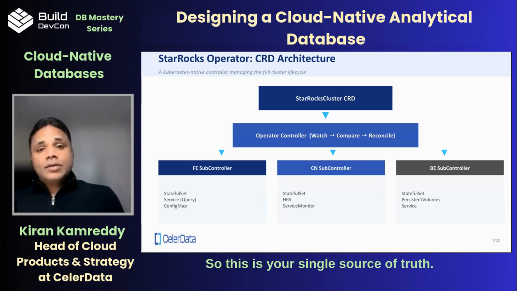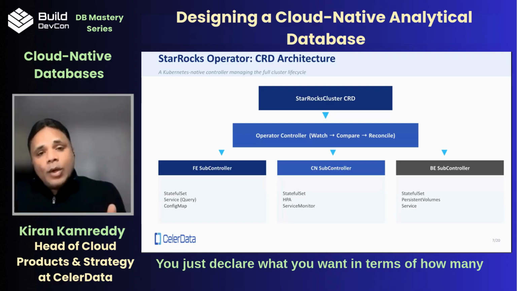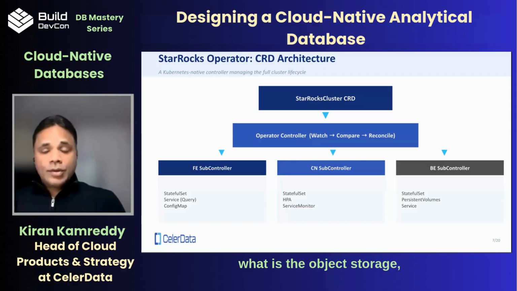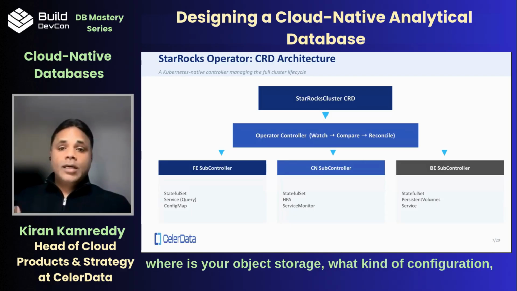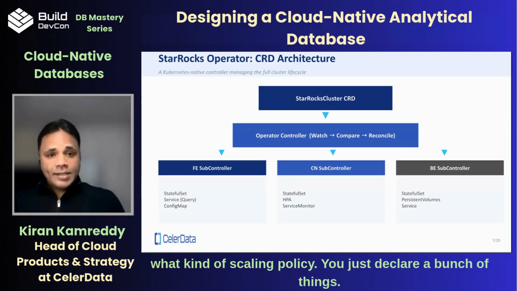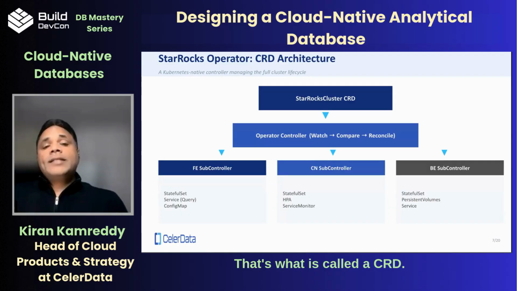So this is your single source of truth. You just declare what you want in terms of how many front-end nodes, how many CN nodes, where your object storage is, what kind of configuration, what kind of scaling policy. You just declare a bunch of things. That's what is called a CRD.